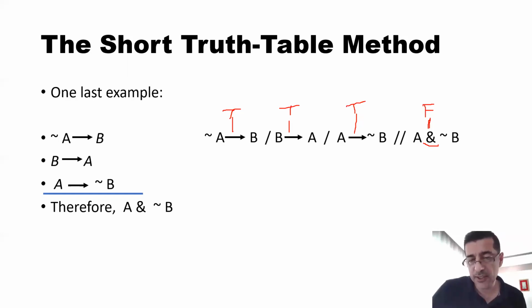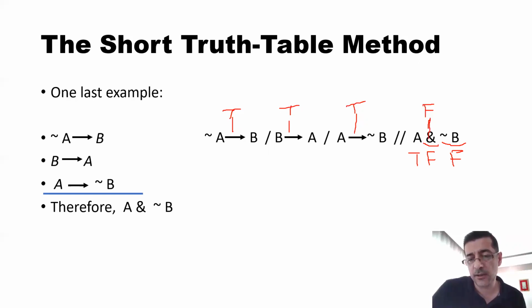So now if this is the case, I want an F here, but then it could be that A is true and not B is false. So if this is the case, then my conjunction would be false.